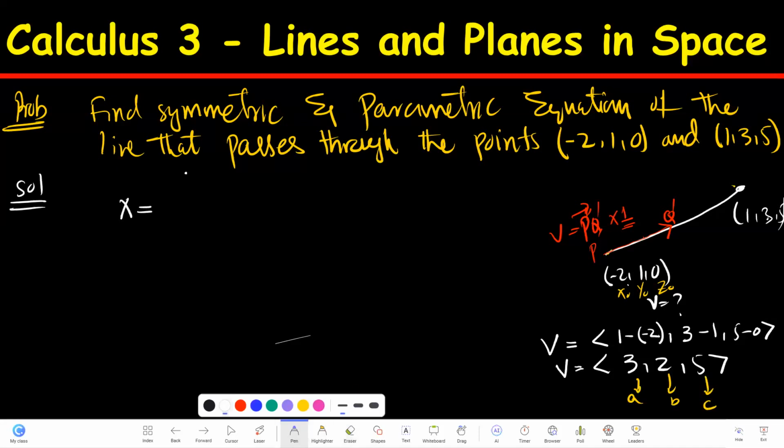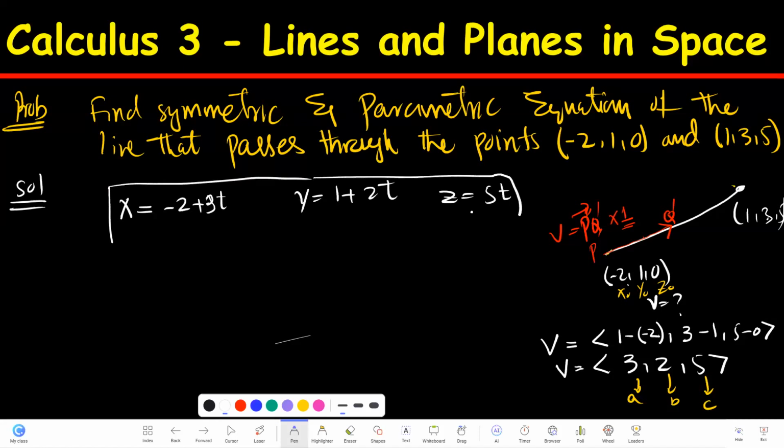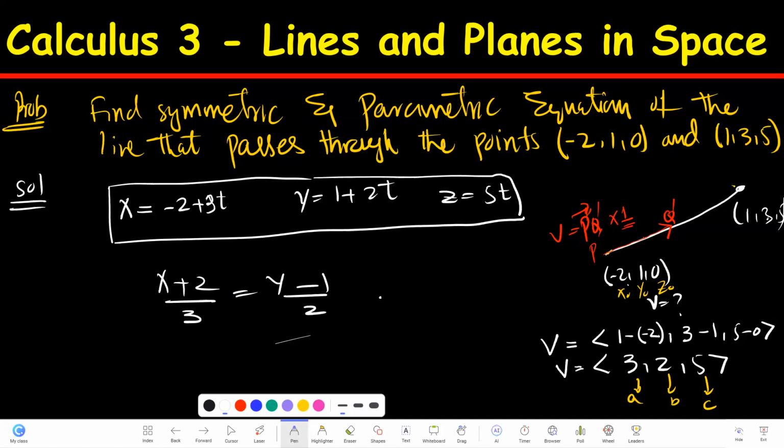Substituting the values: x equals -2 plus 3t, y equals 1 plus 2t, z equals 5t, since z naught is 0. That's my parametric equation. Now my symmetric equation: (x plus 2) over 3, (y minus 1) over 2, z over 5. That is my symmetric equation.